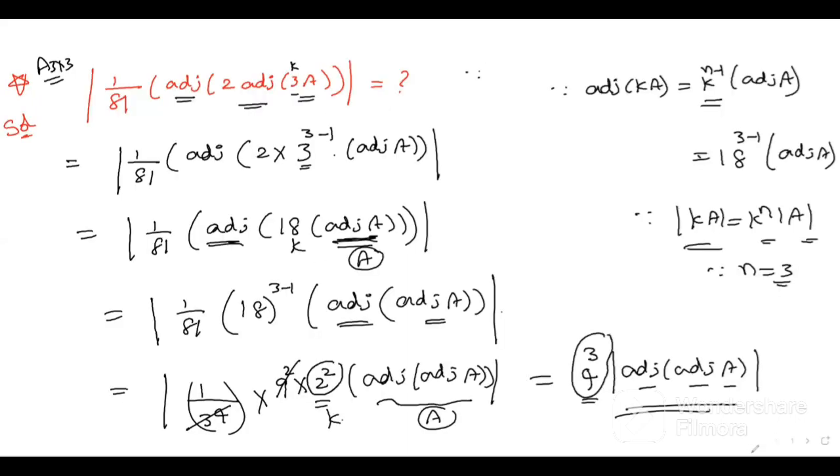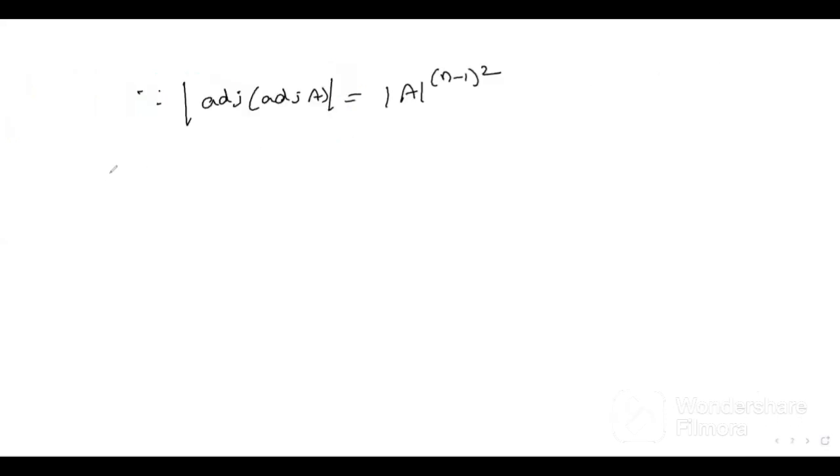So here 4 cube, 64, into det of adjoint of A.